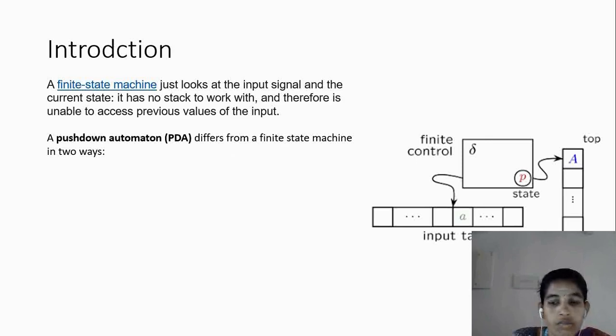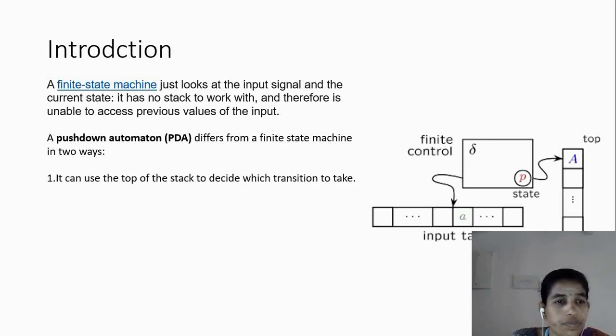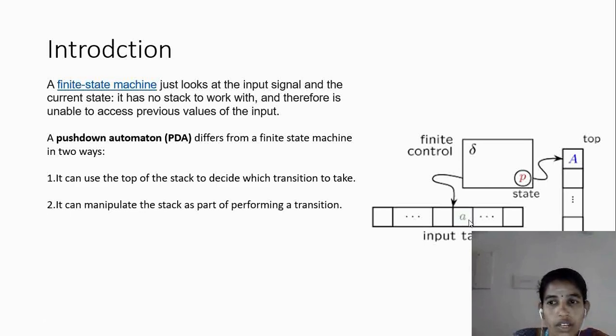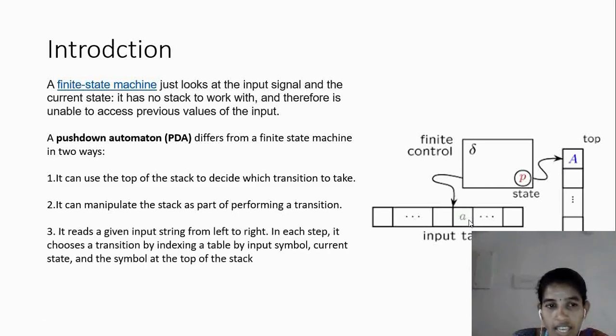We use the stack concept for memory. The top of the stack is A, and the input tape symbol is A. Both are judged to decide which transition to perform. Based on the current state, the top element of your stack, and your current input, these three parameters are very important for performing the transition from one state to another.